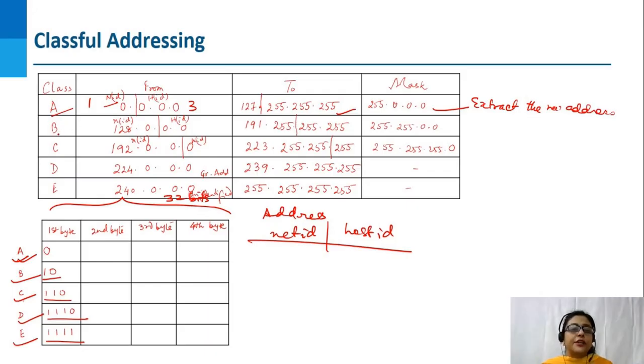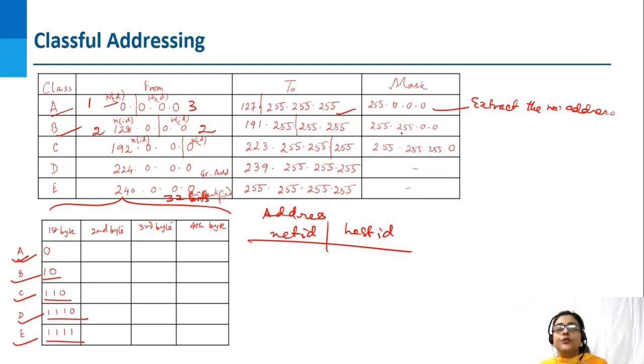Next, we turn our attention to class B addressing. You see here, class B addressing consists of 2 bytes of net ID followed by 2 bytes of host ID. It starts from 128.0.0.0 to 191.255.255.255.